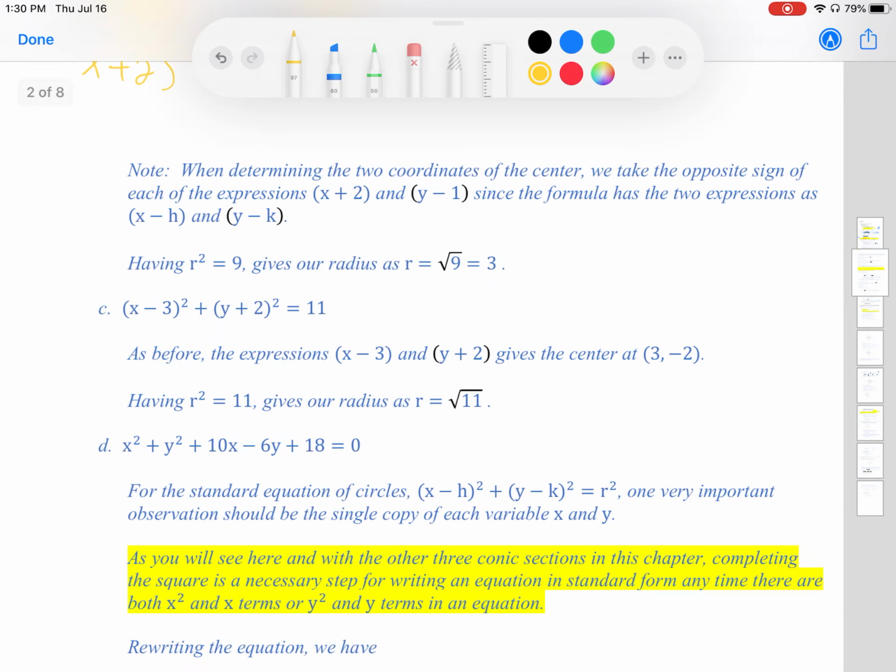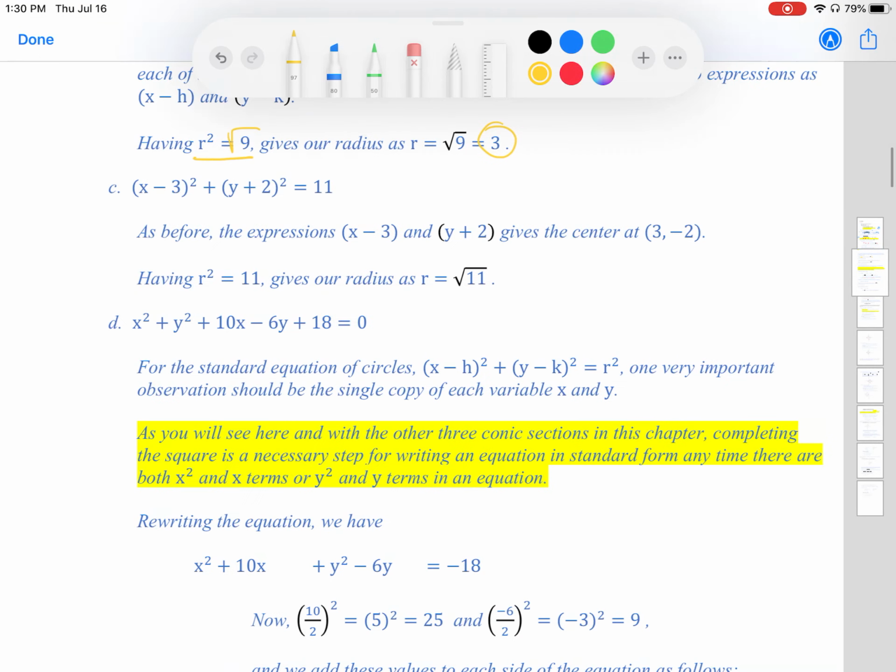When determining two coordinates of the center, we take the opposite sign of each expression. So x plus 2 and y minus 1, since the formula has two expressions as x minus h and y minus k. And our radius, while we have r squared is 9, we take the square root of 9, we get 3. All right, what about C? Okay, see a negative 3 and a plus 2.